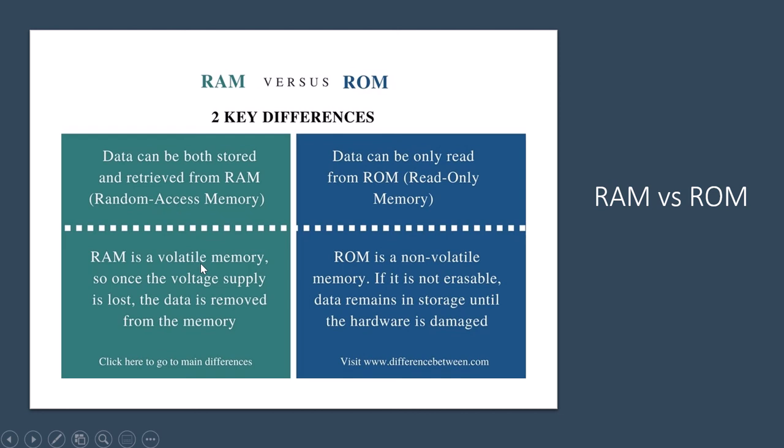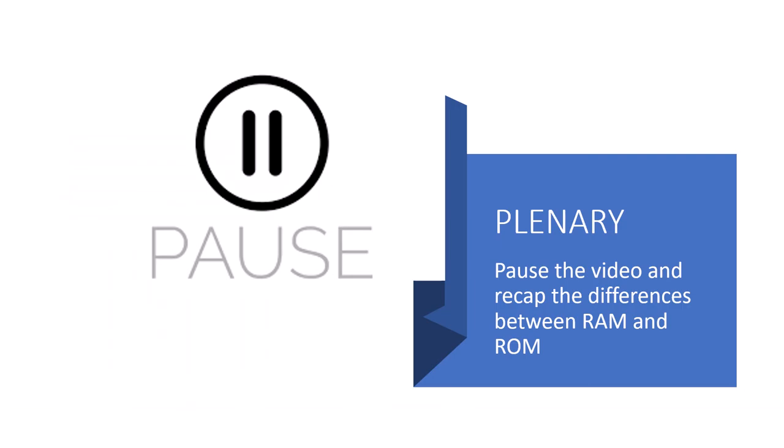Volatile means it is lost when the computer is switched off. The ROM is the opposite, non-volatile. It means that the data will remain even if the computer is switched off and restarted. You should be able to remember these two main differences. These are key differences from this chapter. Now pause the video and try to recap the differences between RAM and ROM, as this is important for your assessments.